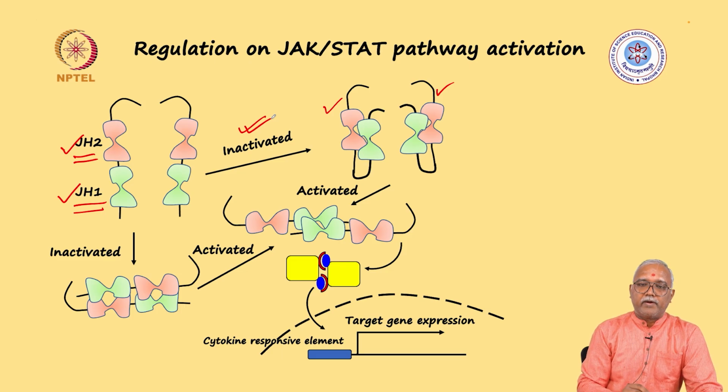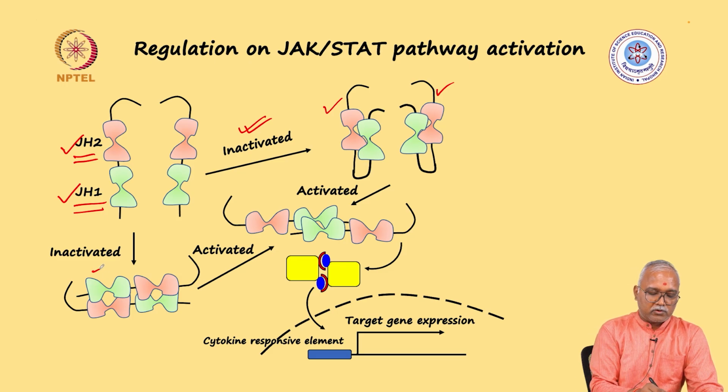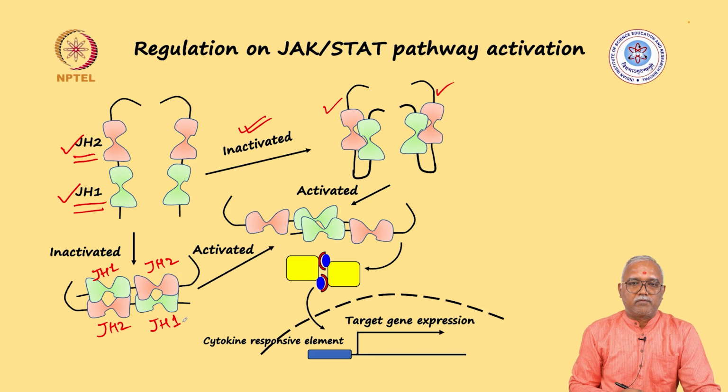Another way of inactivating this JAK molecule is where two JAK molecules in the vicinity engage in cross inhibition, where the JH1 of one of the JAKs is inhibited by the JH2 of the other JAK. Similarly, the JH2 of the first JAK molecule is inhibiting the JH1 of the other molecule.